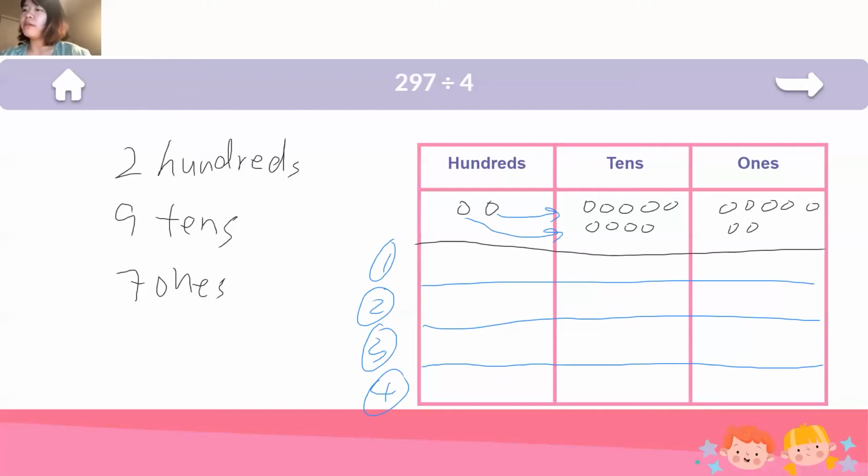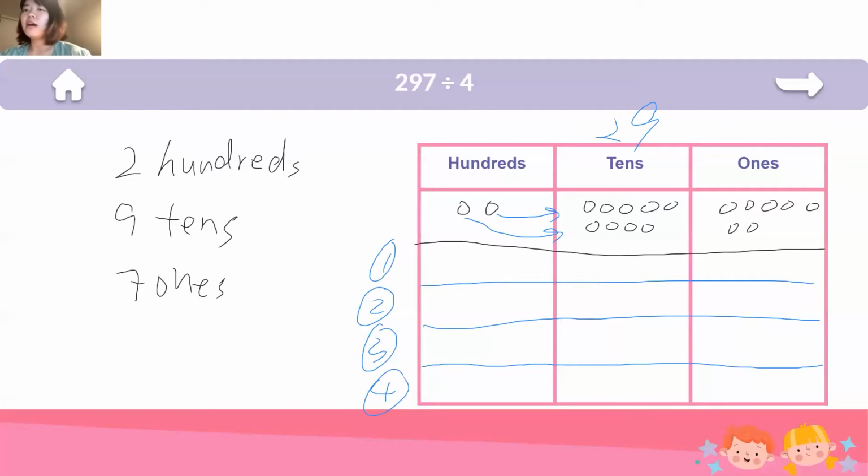So we have 20 tens. Let's add the tens all together. What do you get? 20 plus 9. We already have 9 in the tens place. That gives us 29. So we have 29 tens right now.